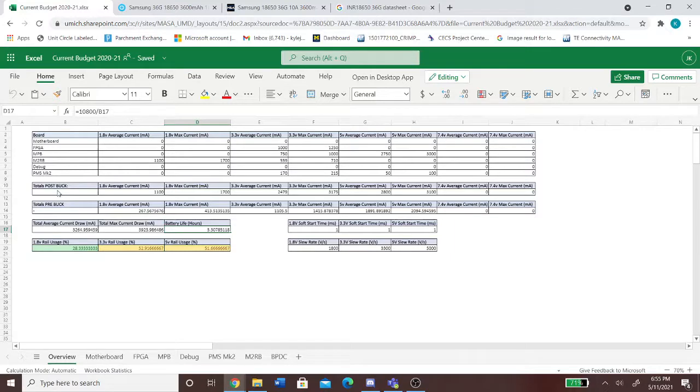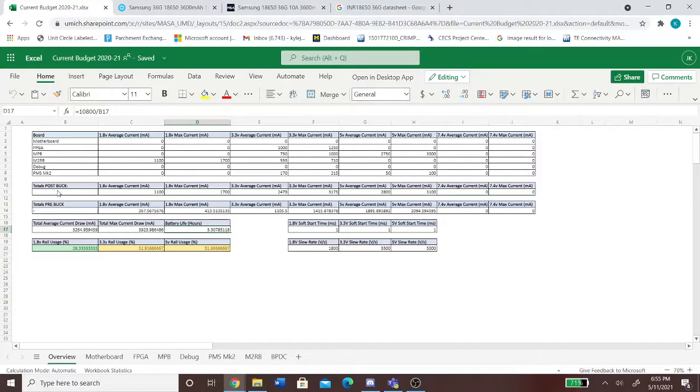The reason they're different is because power in is equal to power out. So voltage in times current in is equal to voltage out times current out. We're ignoring the efficiency of the buck converter, which is usually between 85 and 95%. You want to try to get 90 to 95% for your bucks. That's just a note.